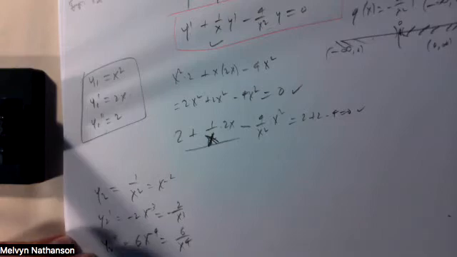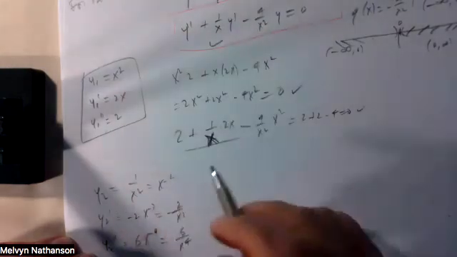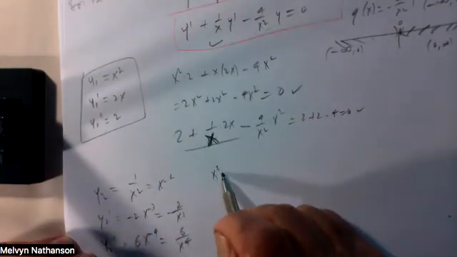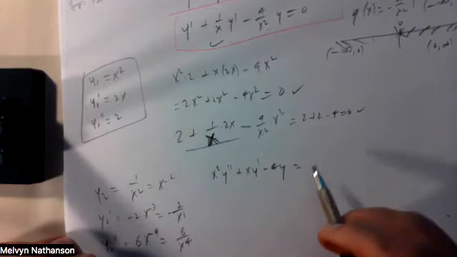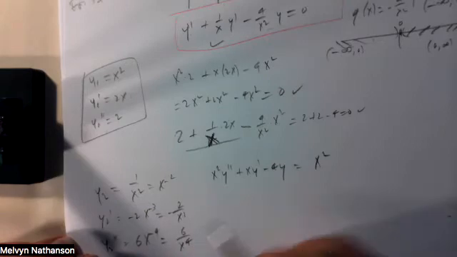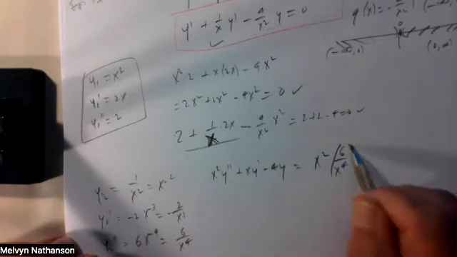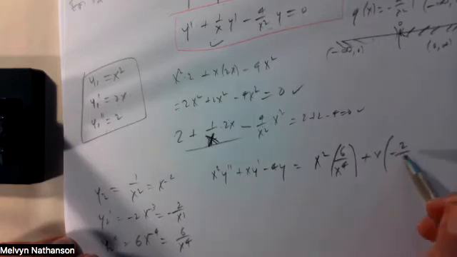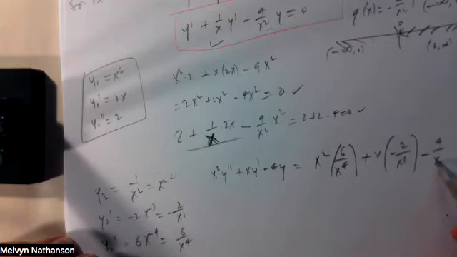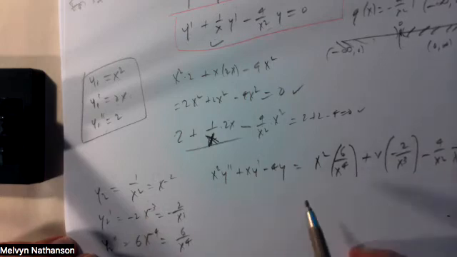And again, if I plug this into either one of these equations, let's just plug it into the first, x squared y double prime plus xy prime minus 4y. That's x squared times 6 over x to the fourth, plus x times y prime, which is minus 2 over x cubed, minus 4 over x squared times y2, which is 1 over x squared.